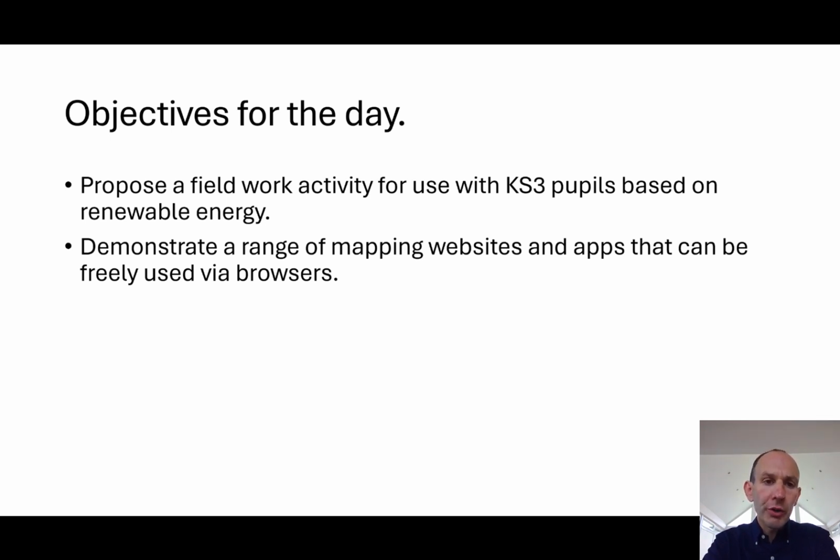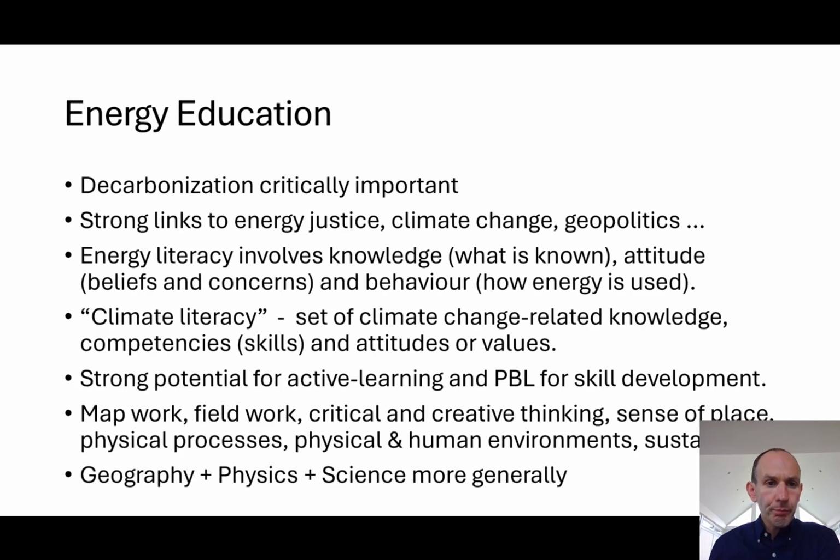Secondly then, what we're trying to do is to demonstrate a range of mapping websites and applications that can be used freely via browsers or using Esri Survey 123 or ArcGIS Online accounts. Those Esri accounts are totally free for schools to use in Northern Ireland and allow you significant capabilities for fairly simple mapping activities right up to more advanced mapping capabilities. So those two objectives really frame what we're trying to do through Geotopics this year.